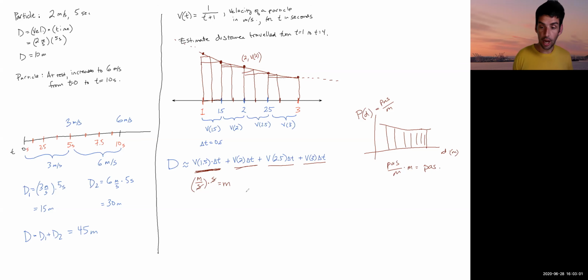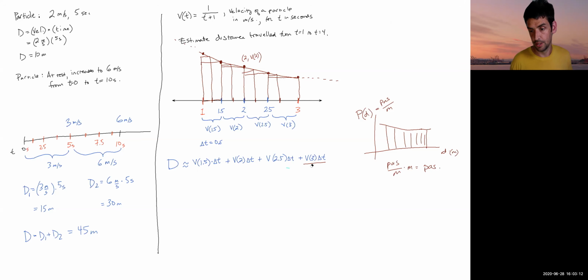Okay, so let's finish this up a little bit. Let's do a little more work on this problem, so we can do one more technical thing when we're done here. First of all, this is easy enough to compute. I just evaluated v of 1.5, v of 2, just plugging into the original function.